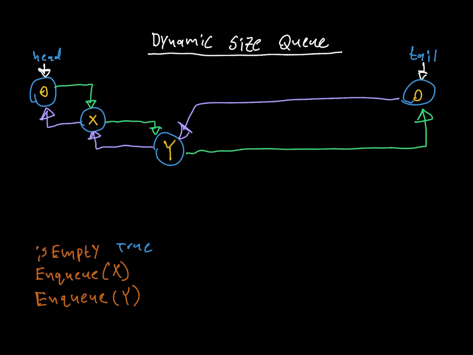We do enqueue Z. Create that new node and set the data to be Z. Then you are going to look at tail. It's pointing to previous node Y. That's what you're going to set your new node's previous as.